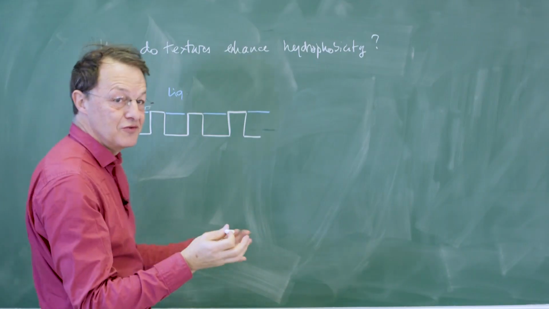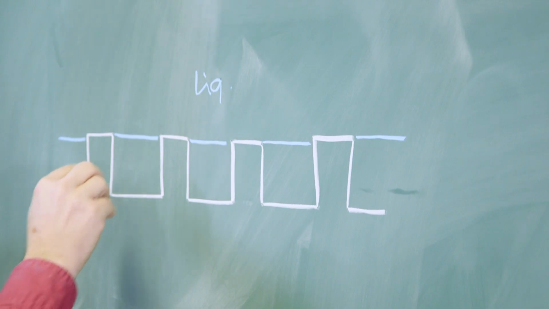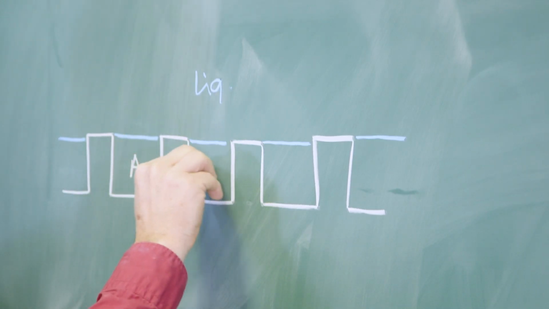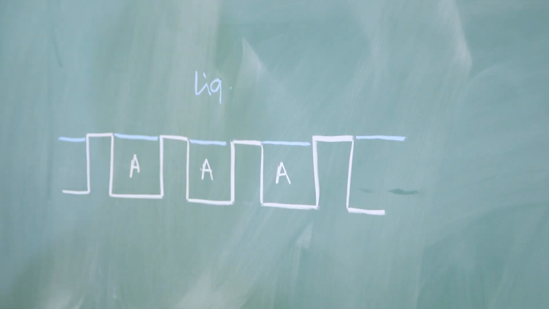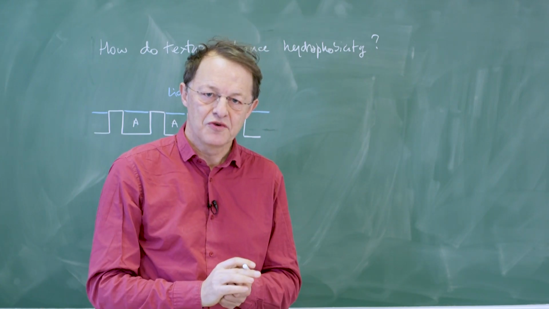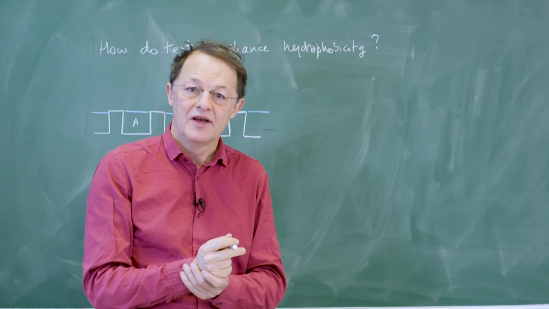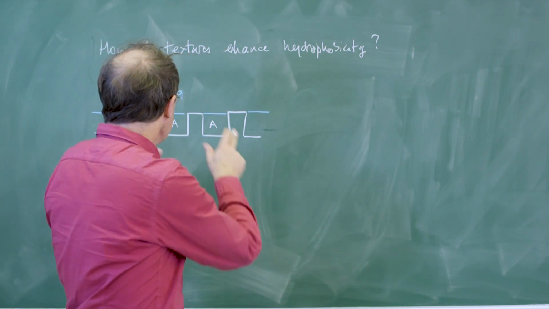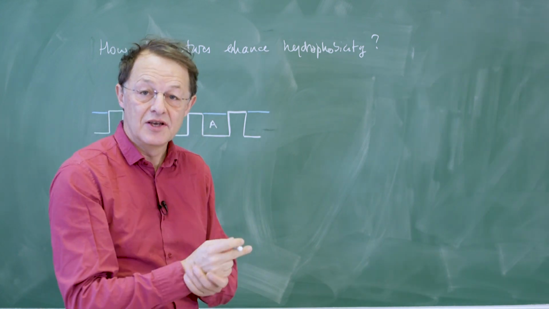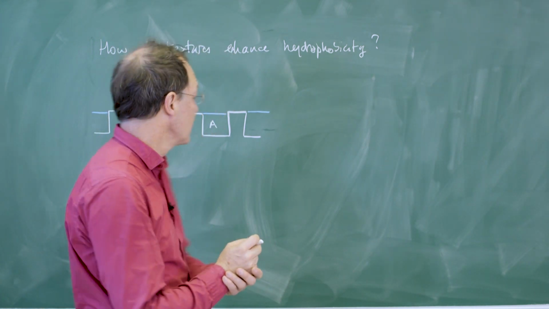And the first thing to notice, of course, is that air is trapped inside the texture. Two questions. The first one is, is this state possible and why? And the second question is, if we achieve something like that, what is the resulting contact angle?